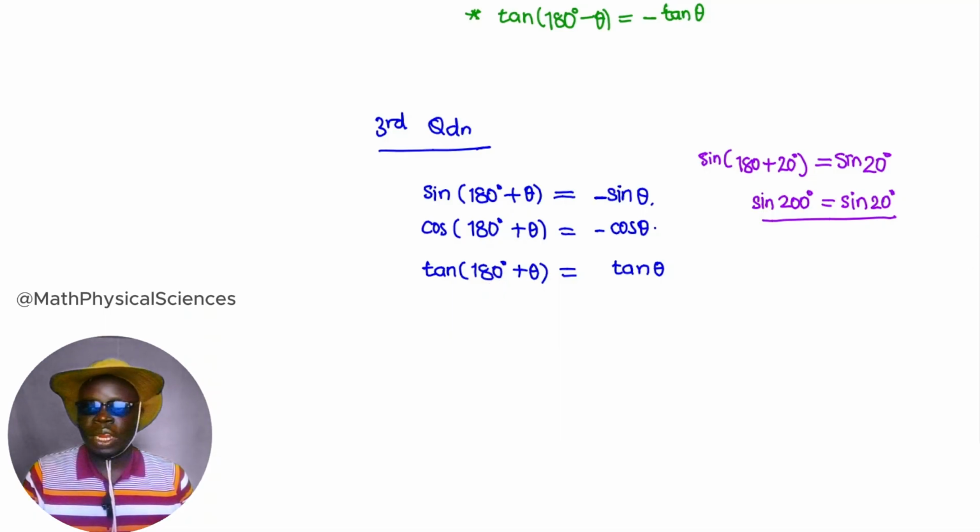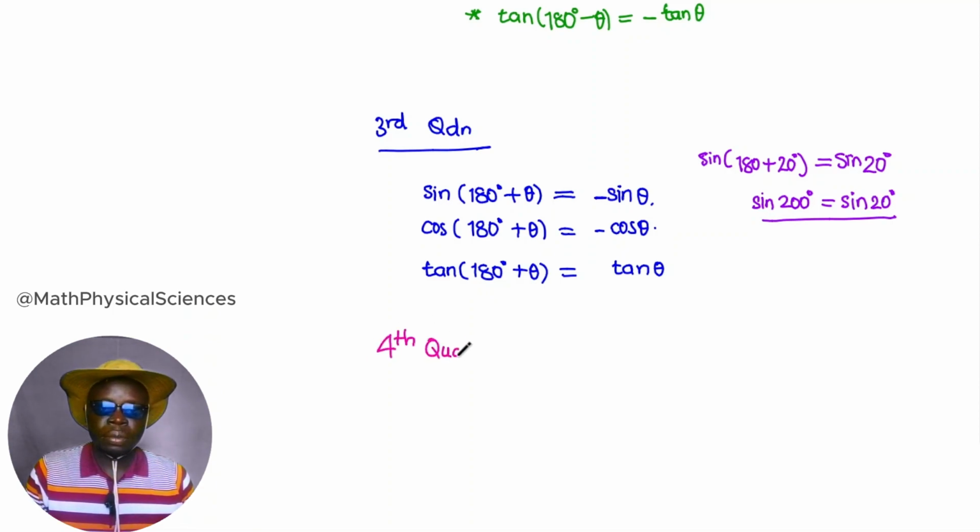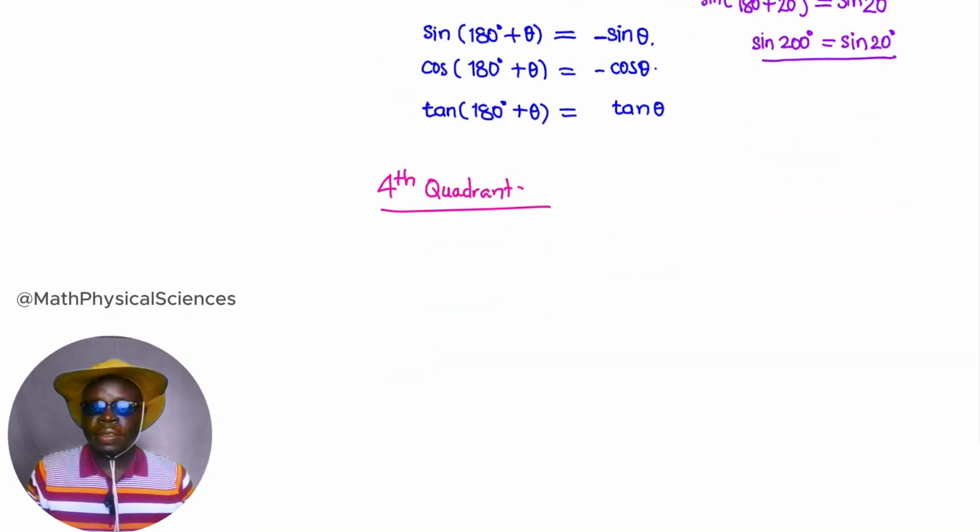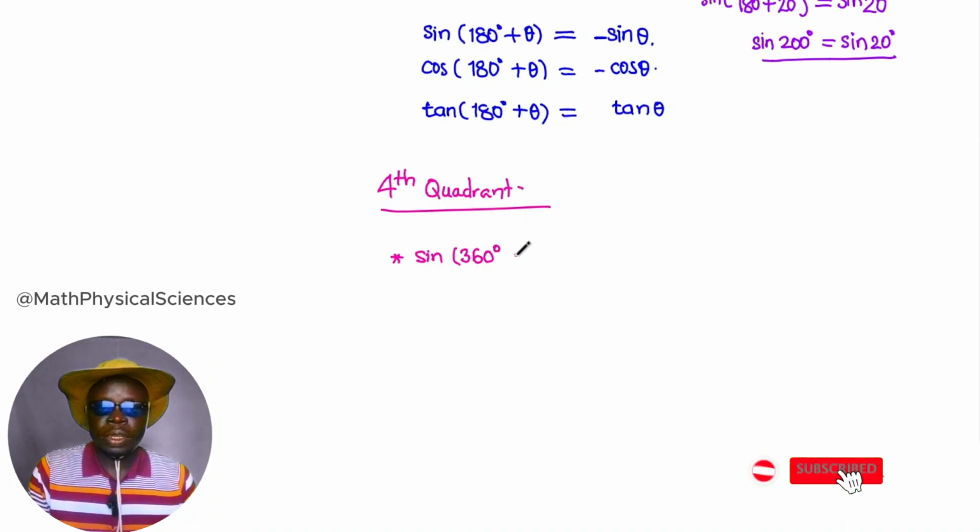Now, let's move on to the last one, and that is the fourth quadrant. So in the fourth quadrant, we're dealing with 360 minus theta. Therefore, we can start with sine of the angle 360 degrees minus theta.